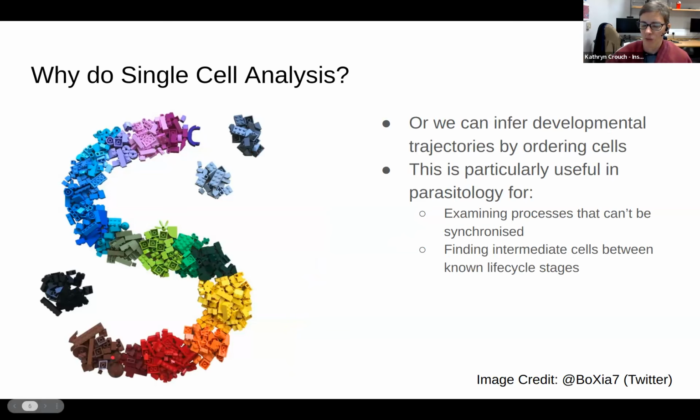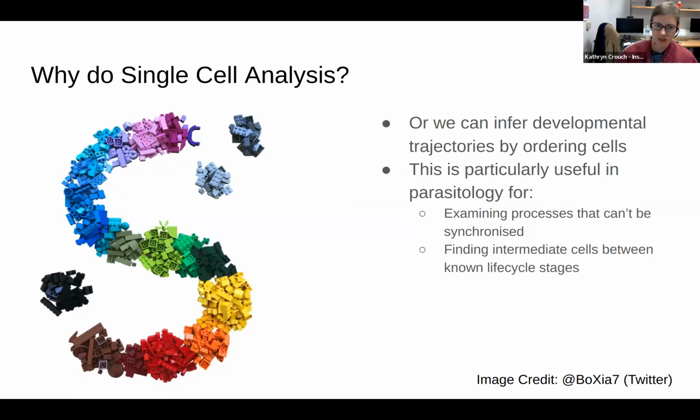What we're doing with the trajectory analysis with the cells is a very similar idea, but we're ordering them by incremental changes in gene expression. And that is very useful for examining processes that can't be synchronized, and also for finding intermediate cells that are between well-established life cycle stages.